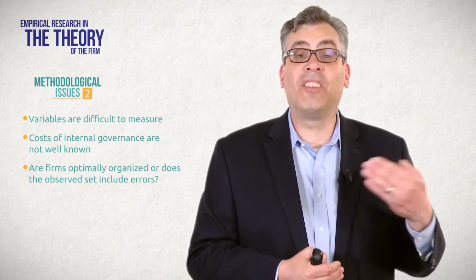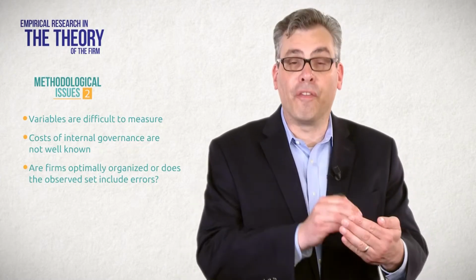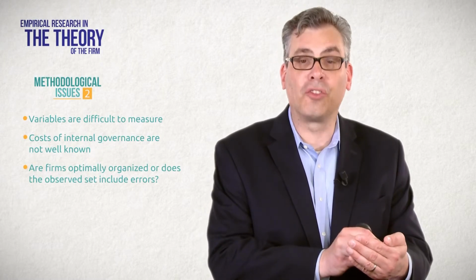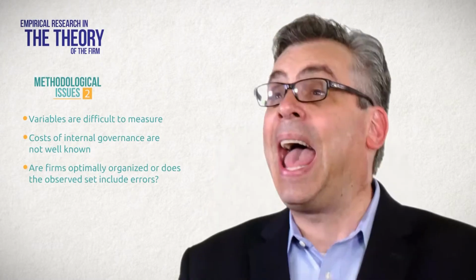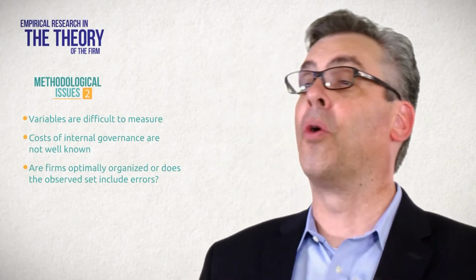In that case, we need some way of evaluating the relationship between the fit among organizational form and attributes and the performance of the firm, measured by profit or survival or some other measure.